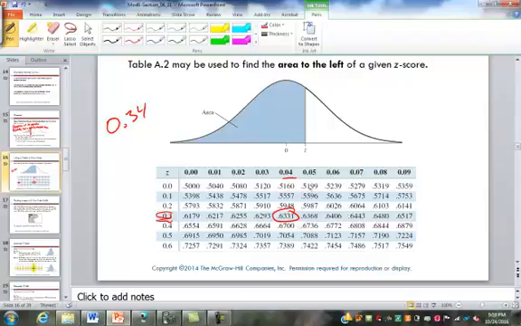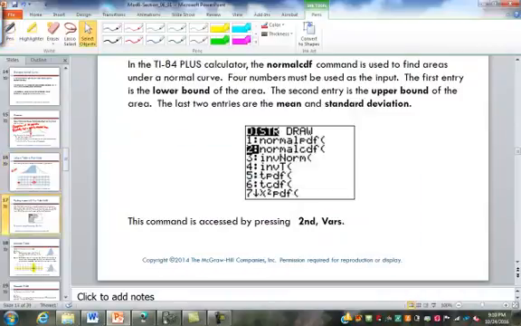Now, again, you don't necessarily have to be able to read this table. I spent a lot of time when I was younger reading these tables because we didn't have the TI calculator at that point. Right now, the TI calculator calculates probabilities better than Excel can. So for this course, we're going to lean on that calculator. In the TI calculator, you go to the distributions menu again, that's second distributions, and normal CDF.